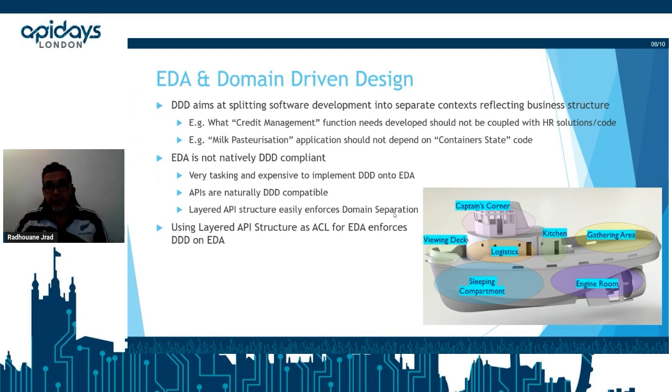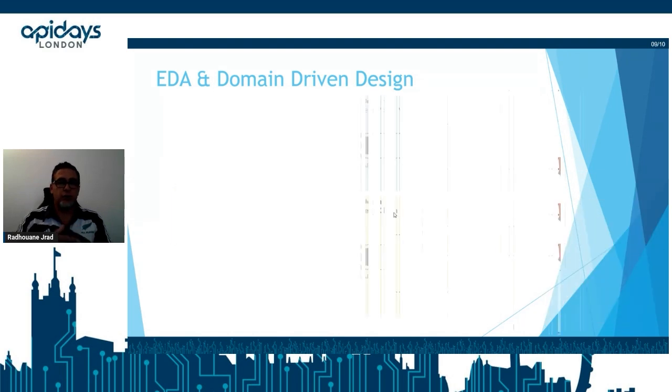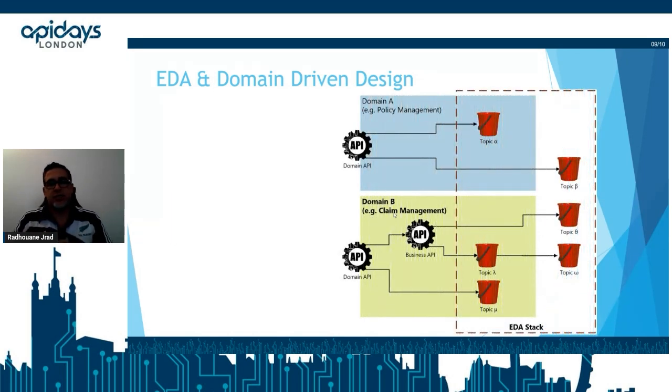We use a layered architecture. What that means, effectively, is we use a front-end API and then back-end APIs, just to separate the access from the actual API work. And we're going to have a look at it in this example.